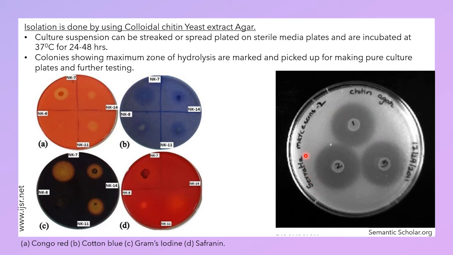Here you can see the plate is labeled Serratia marcescens. That is the culture used here, and it is showing very good results. A clear halo of chitin degradation is observed. This is the chitin plate, and you can see the clear zone of degradation.